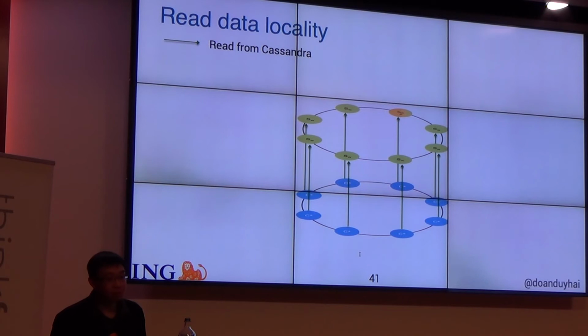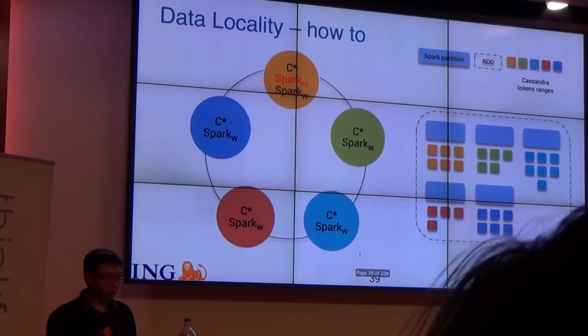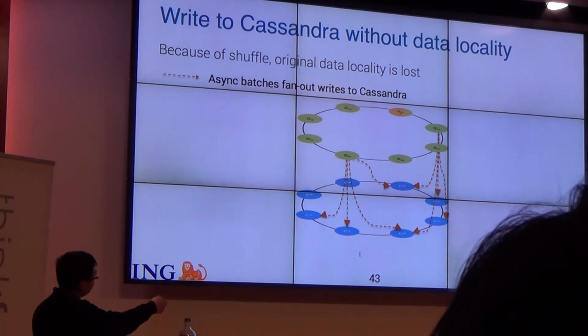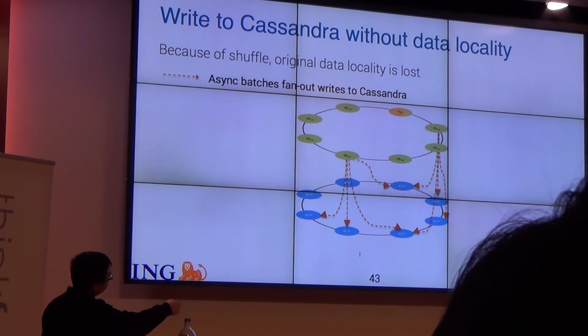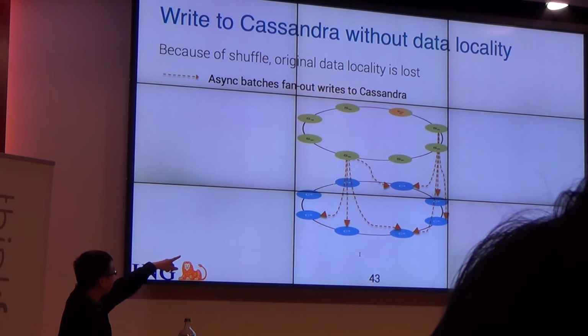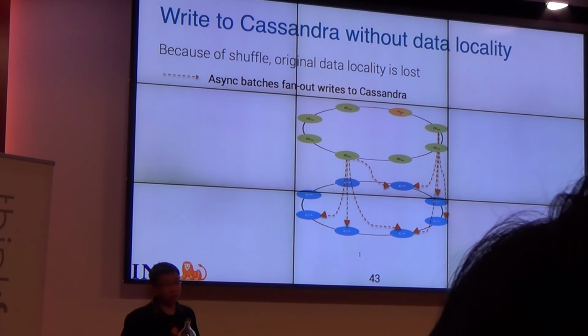So you said that it's better to shuffle data again to ensure data locality before writing to Cassandra. But why? I mean, Cassandra already does it. It just shuffles data. You can write to any node, but they need to be a replica. So here you see, if I have a replication factor of 3, after shuffling, the partition key of what is on these Spark workers may be here, here, here, or everywhere.